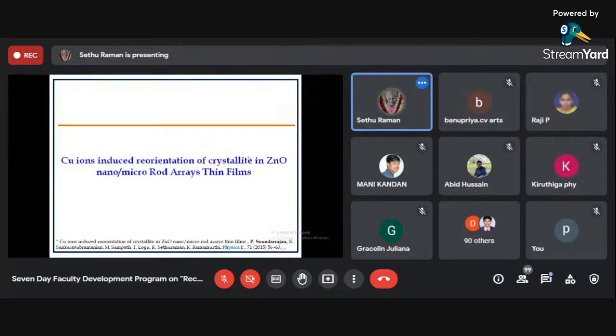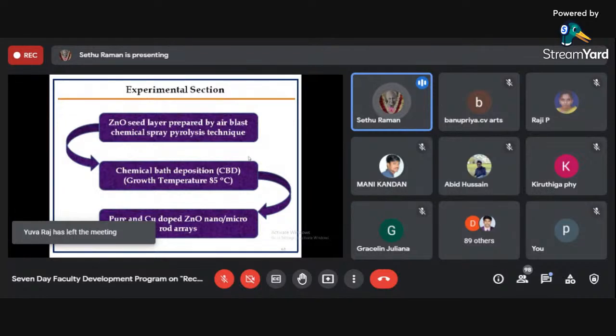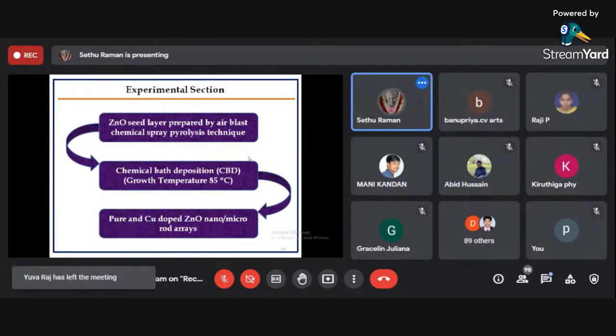This is another simple work about how copper ions induce the reorientation of crystallites in zinc oxide nano-micro rod arrays. Here also we have prepared the zinc oxide seed layer by the air blast chemical spray pyrolysis technique, and nanorod growth by the chemical bath deposition technique.